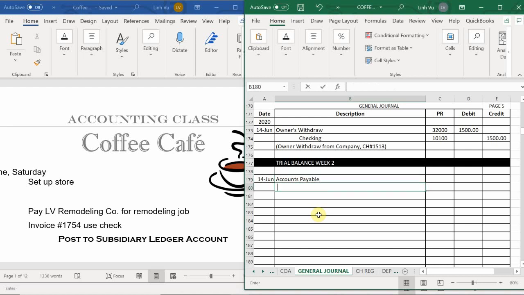Good. We're using a check to pay, so therefore checking is going to be our second account.